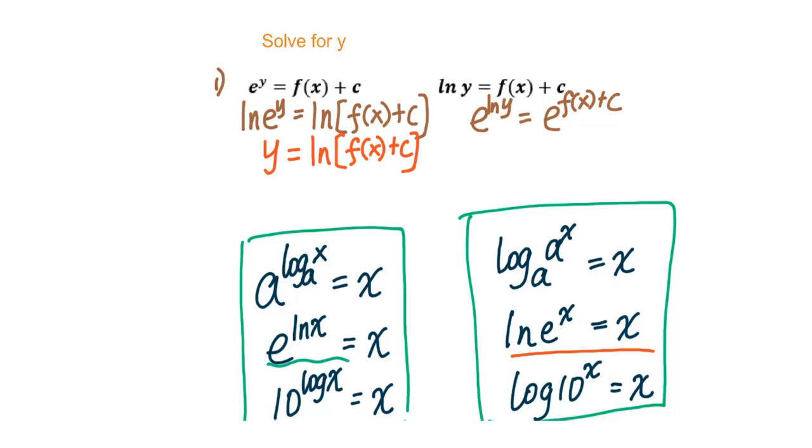According to this formula, you will get y equals e to the f of x times e to the c power. We can make e to the c power as a, so we get a times e to the f of x power. That's y equals.